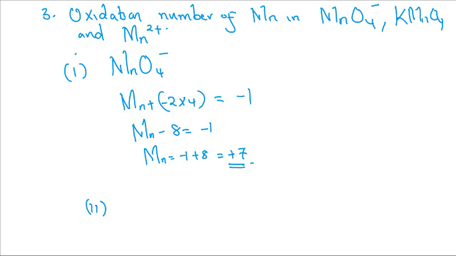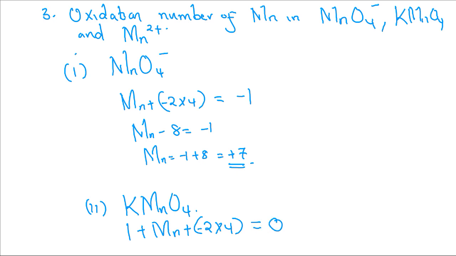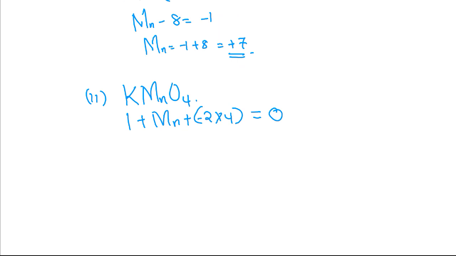The second one, in potassium manganate 7, we have K, which is +1, plus Mn plus -2 of oxygen, and therefore equals 0, because that is a compound. So that will give Mn plus 1 minus 8 equals 0.